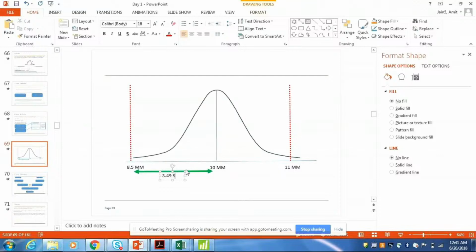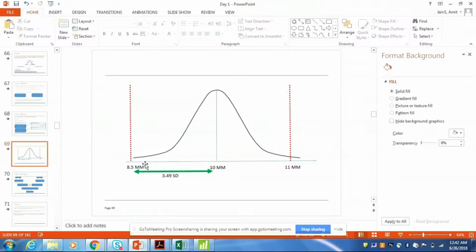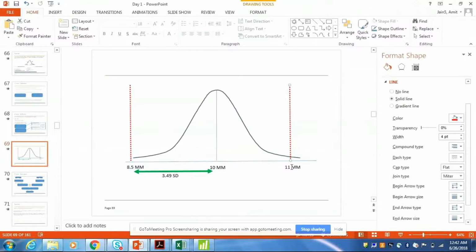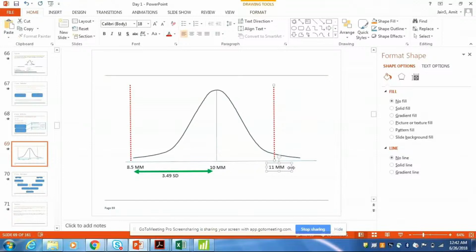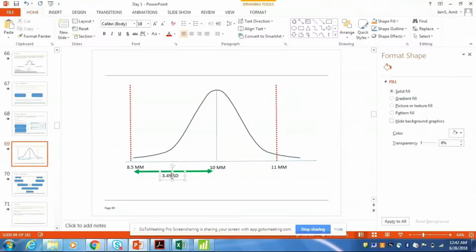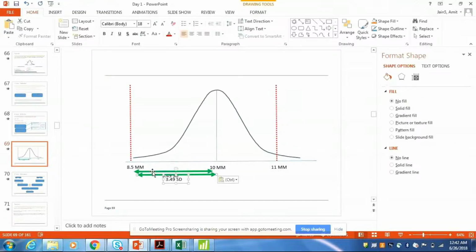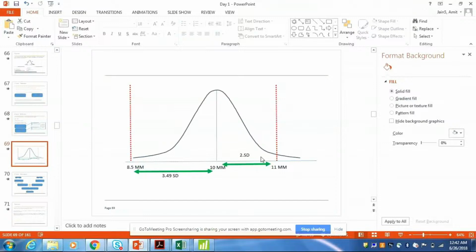Now between this point and the mean, how much was the standard deviation? 2.32.